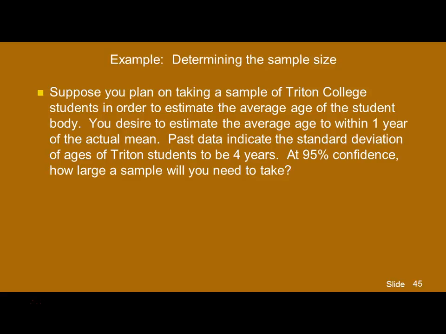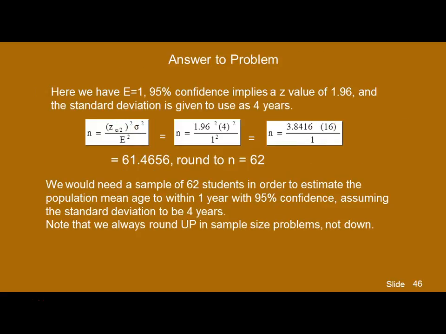And 95% confidence, as we know, implies a z-value of 1.96. So now we can just plug everything into our formula. N is equal to the correct z-value squared, sigma squared over E squared. That gives us 1.96 squared times 4 squared over 1 squared.